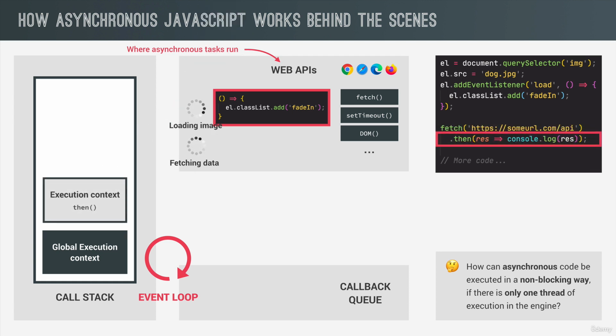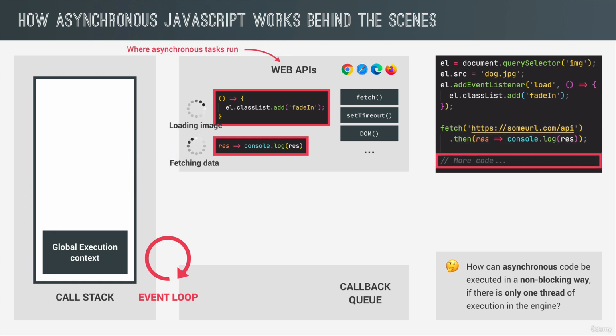Finally, we use the then method on the promise returned by the fetch function. And this will also register a callback in the web APIs environment so that we can react to the future resolved value of the promise. So this callback is associated with the promise that is fetching the data from the API. And that's going to be important later on.